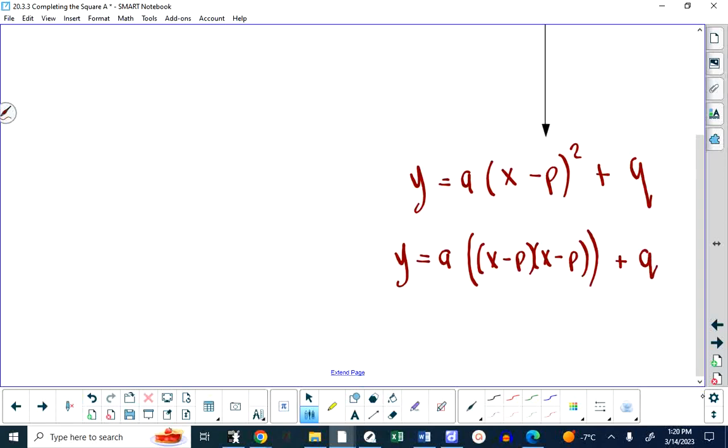And if I were to continue expanding that out, it's going to require a little bit of thought on your part, but do you agree that if I FOIL out (x minus p) times (x minus p), I get this perfect square trinomial?